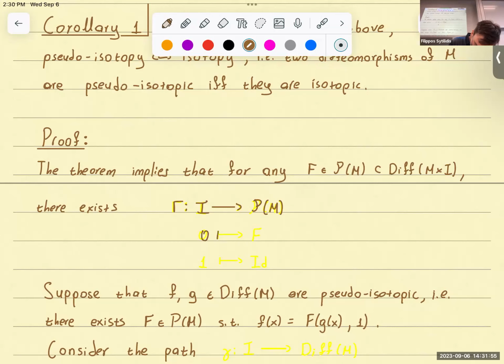The path will start at the pseudo-isotopy F and end at the identity. If the space of pseudo-isotopies is connected, then any two pseudo-isotopies are connected by a path, and the identity is the most reasonable pseudo-isotopy one can ask for. So I have such a path.